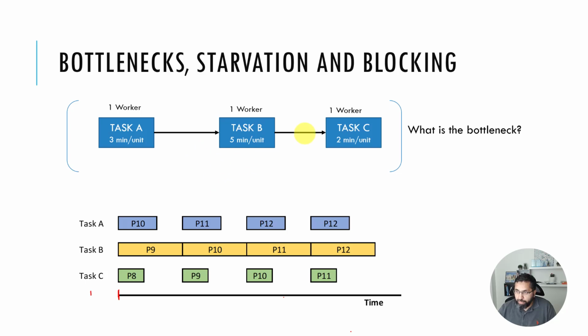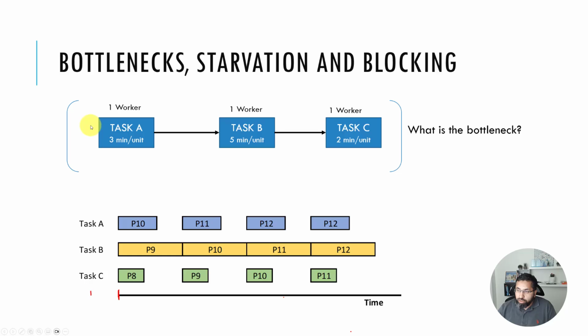Usually that's not the case in manufacturing. Usually there might be at least one unit here right before task B as a work in process unit when task B closes at the end of a shift. So the next day when task B starts up, there'll be one unit here waiting for it to process.